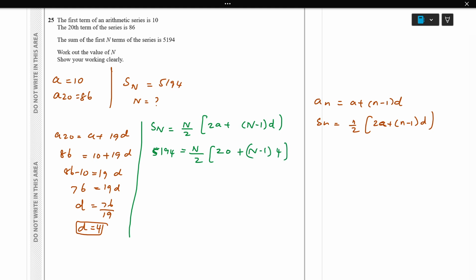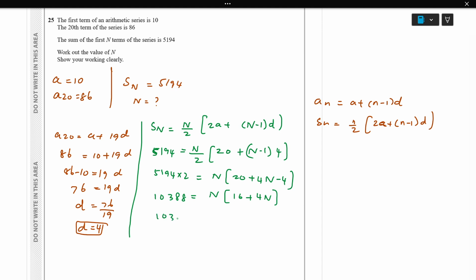I'll bring this 2 to the left side, so 5194 times 2, which is 10388, equals n into, I'll expand here, 20 plus 4n minus 4. So 10388 equals n into 20 minus 4, which is 16, plus 4n.